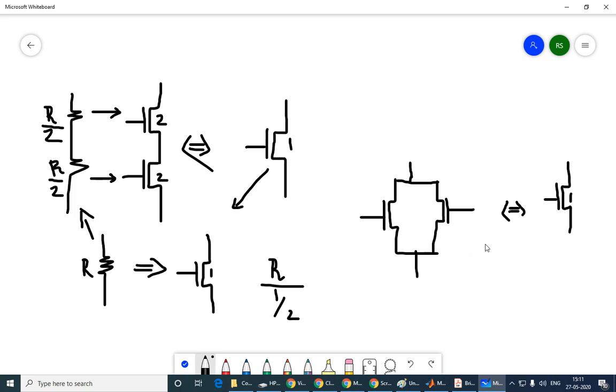Here is the parallel case. Now parallel case, the little bit of extra problem is that we have two branches, and they can conduct in many ways, meaning that in the network one branch can be conducting either one, that is left hand side or right hand side, or both branches can be conducting.